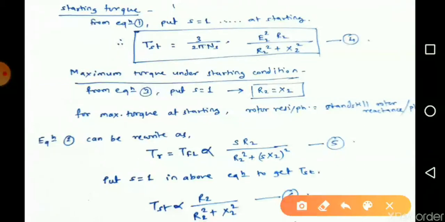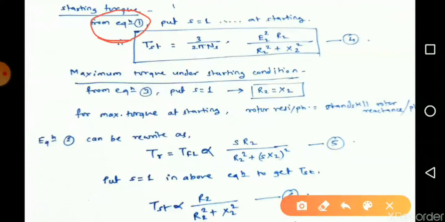If we recall equation number 1, which is the torque under running condition, T_R is equal to 3 upon 2 pi ns into E2 square S R2 divided by R2 square plus (S X2) square. So this is equation number 1, and you have to refer to it.